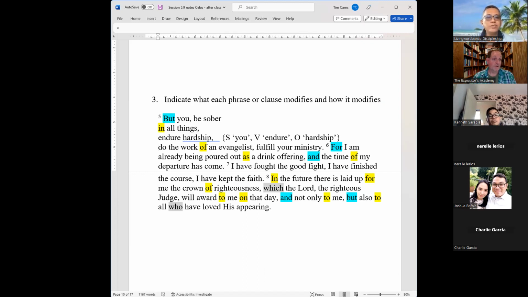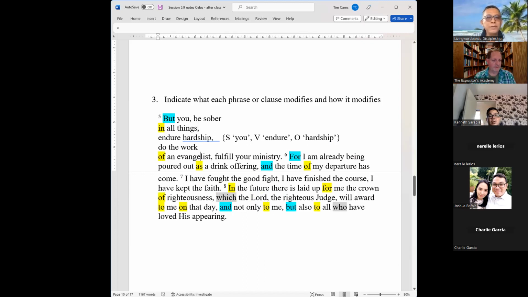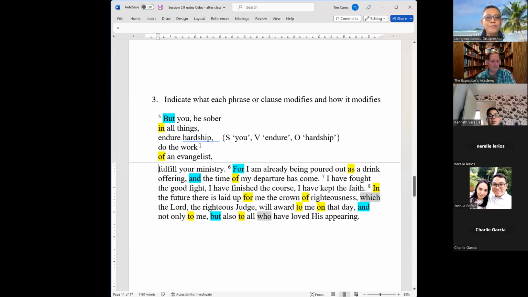So the comma there makes sense, that it should be separated. All right, and the same, do the work, and then of an evangelist, and then the same thing. We hit another comma, and I think it makes sense to divide it there because this is another clause. Fulfill your ministry.